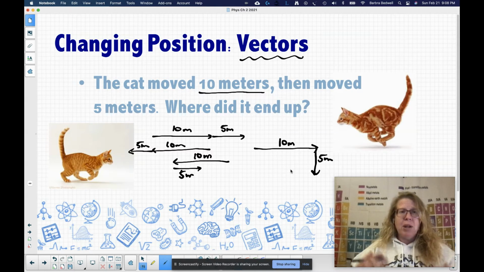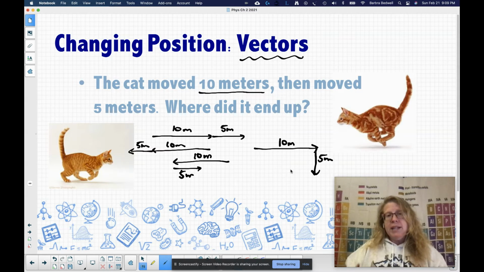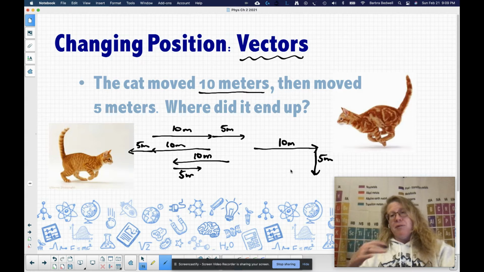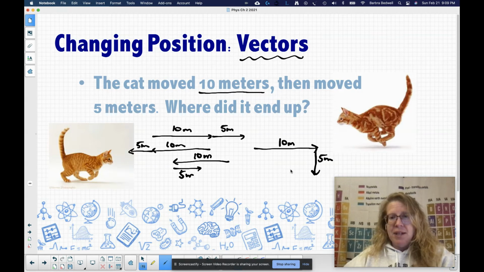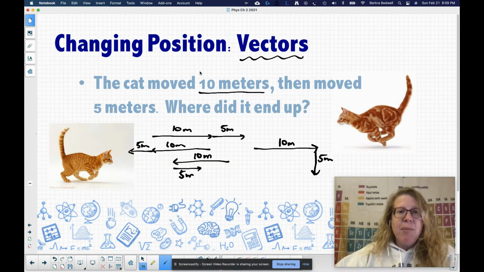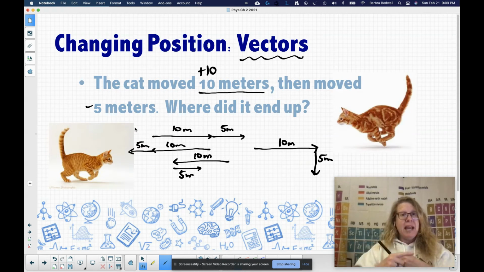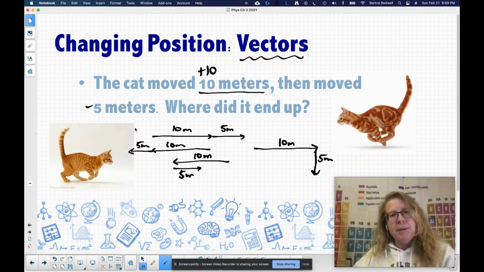So when we're talking about something's position and where it's moving, we need to know the direction that things are moving. And we do this for right now with positive and negative signs. So for example, I could say the cat moved plus 10 meters and then moved minus 5 meters. As soon as I say that one of them's negative, I simply mean it's going in the opposite direction.